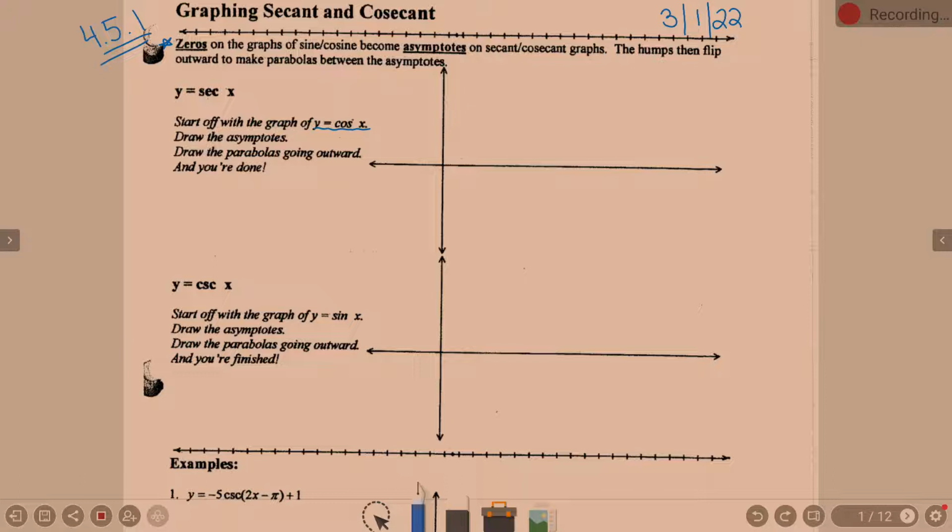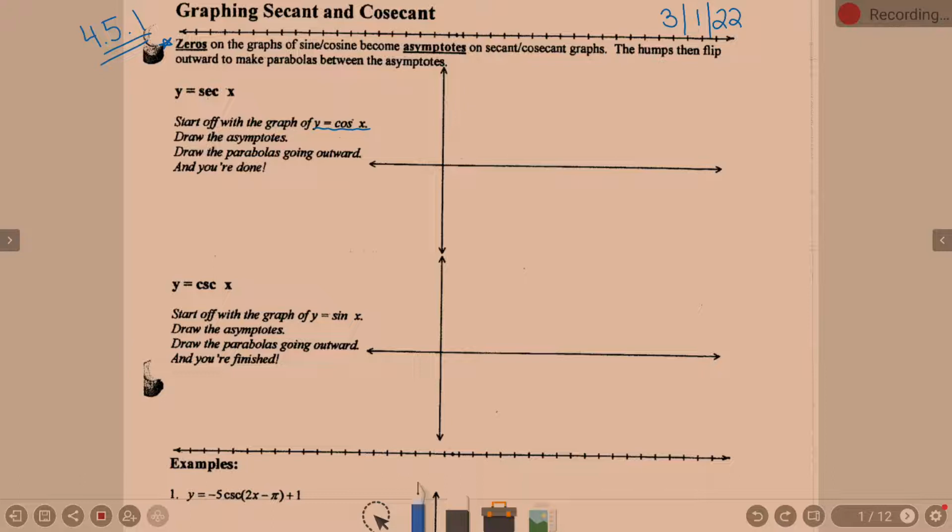Secant, the one beginning with S, is reciprocal of cosine, the one beginning with C. So in order to graph secant, we start off by graphing cosine. Nothing fancy on this one. No period changes, no phase shifts, no amplitude, no center line changes, just basic cosine.